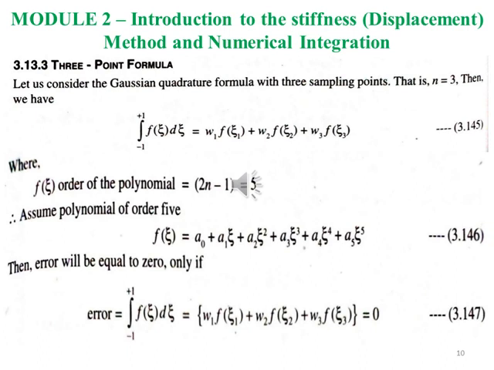The error will be equal to 0 only and only if the integral of f of z dz from minus 1 to plus 1 is equal to w1 f of z1 plus w2 f of z2 plus w3 f of z3, which is represented in equation 3.147.